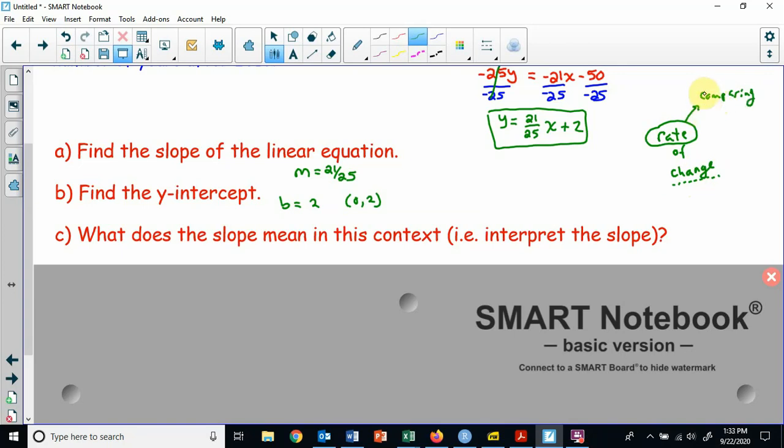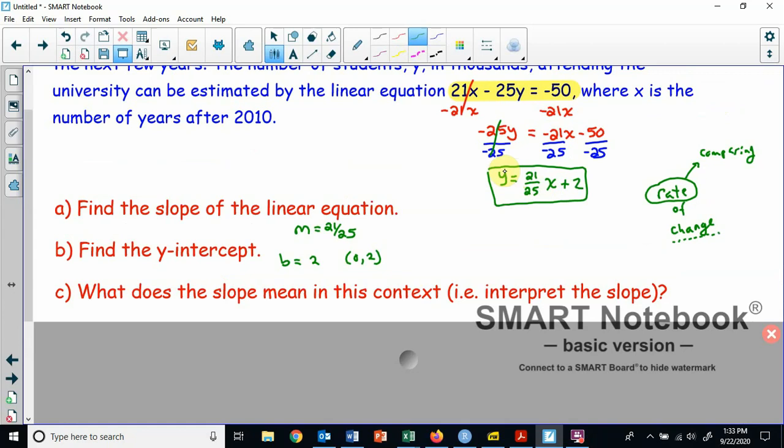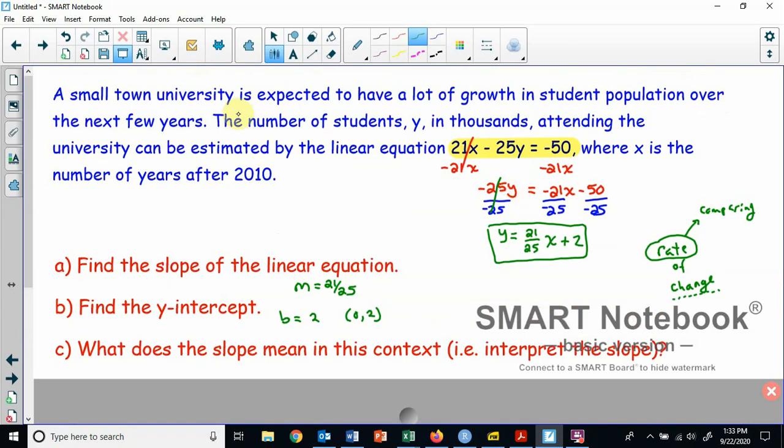So we're comparing how two things change together. Well, what two things do we have? We have x and y. In the context of our problem, y, if you read it right here, it says that's the number of students in thousands. X, that's the number of years after 2010. So we must be wanting to see how things change as we go along, how y changes for each x.